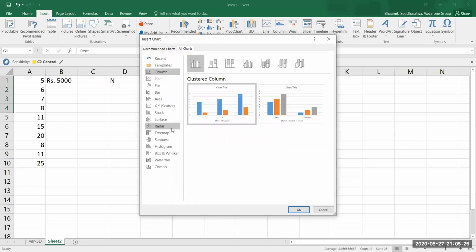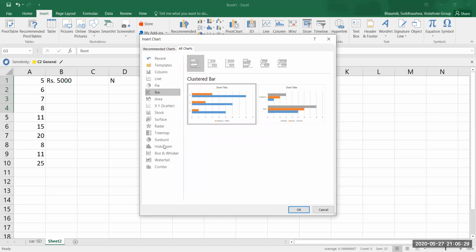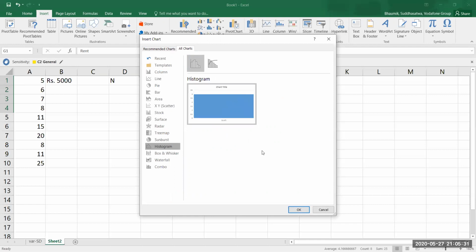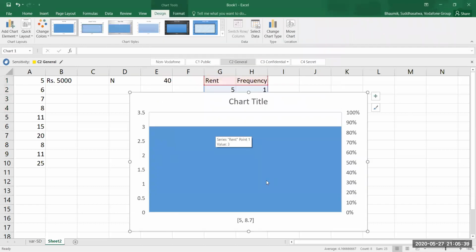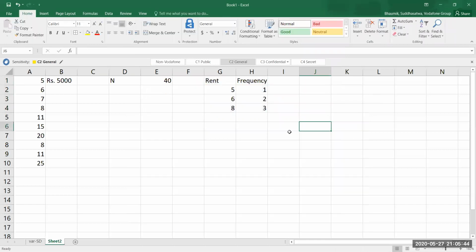All charts. Bar, box, histogram. Yes, I have a histogram, but it is not showing me the correct data. I don't know why. It is only showing me this kind of output. This is not right. Maybe there is some other way in Excel to do it, but I think you have got my point.